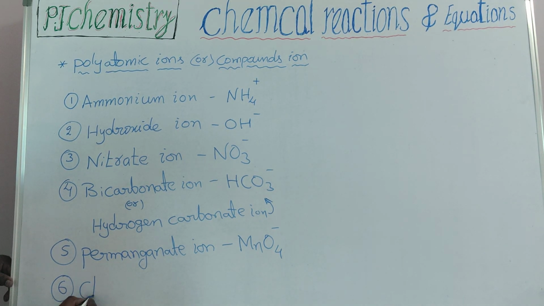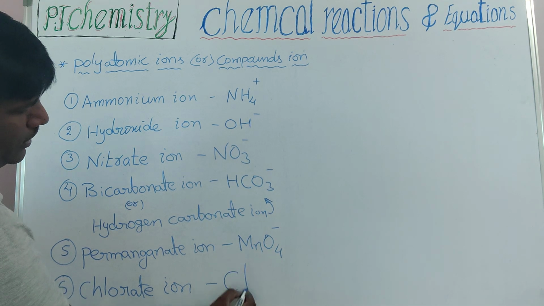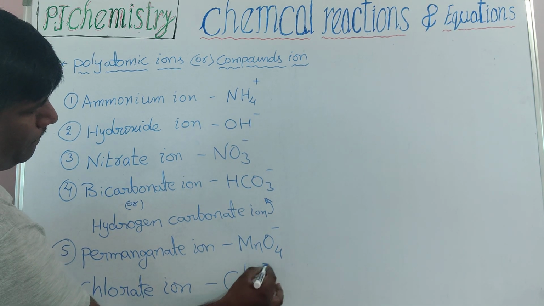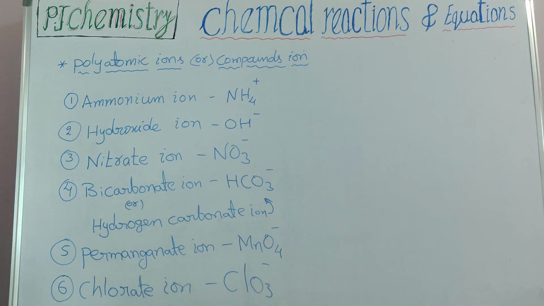Next, chlorate ion. ClO3 minus. Chlorate ion ClO3 minus. With the charge 1, almost all that are important I have covered.